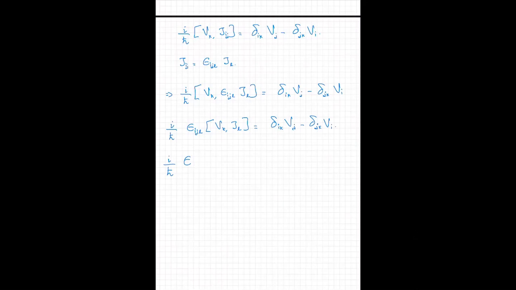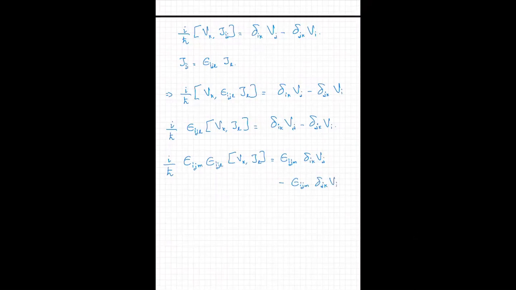So I cannot multiply with any epsilon that is l dependent because l is already summed over, but I can multiply with something that is i, j, but I will choose instead of l, I will choose some m. The reason I do this will become apparent in just one second. Epsilon_ijm delta_ik V_j minus epsilon_ijm delta_jk V_i.